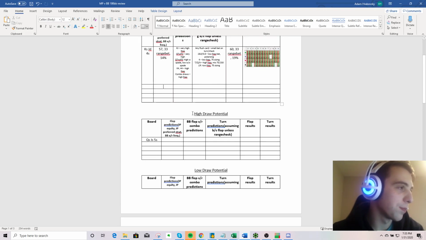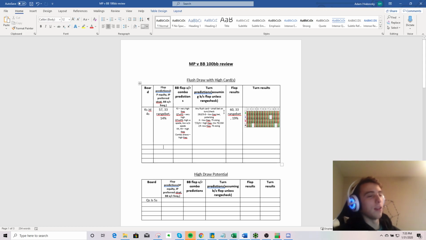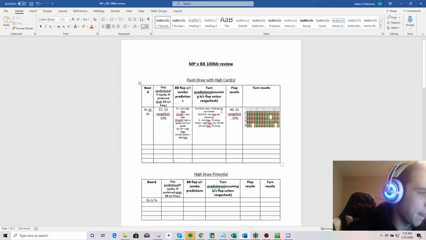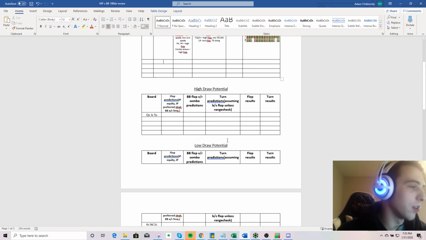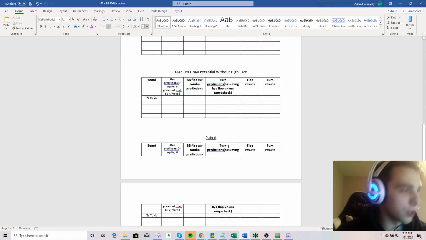But yeah, I'll be a lot quicker with the next ones, and this is just an example of what I'm going to be doing, just to give myself a better picture of how PO is playing all these spots. And hopefully over time we'll pick up some patterns across different boards and different spots, and slowly start to improve my understanding of the game in different situations.